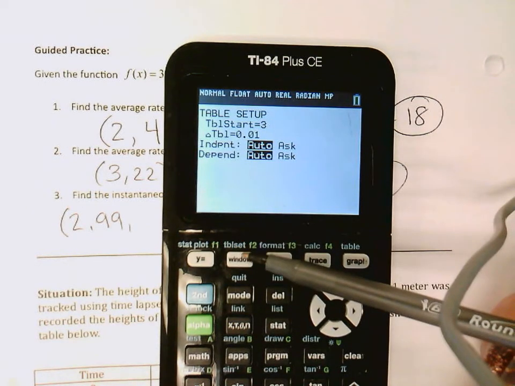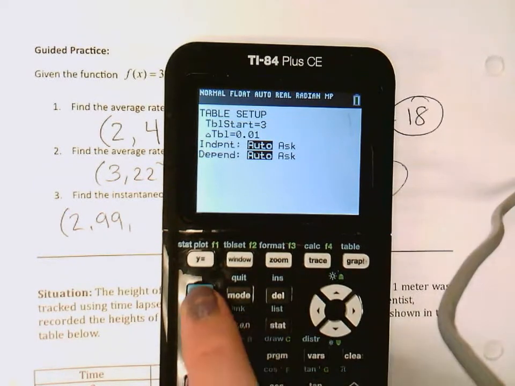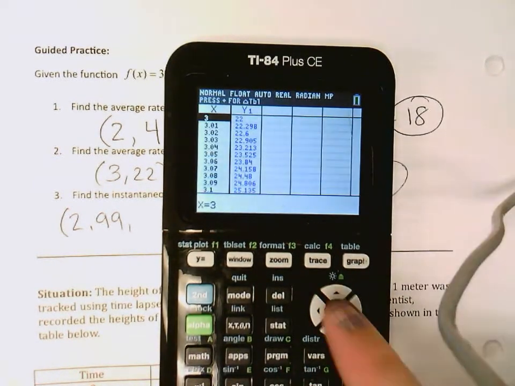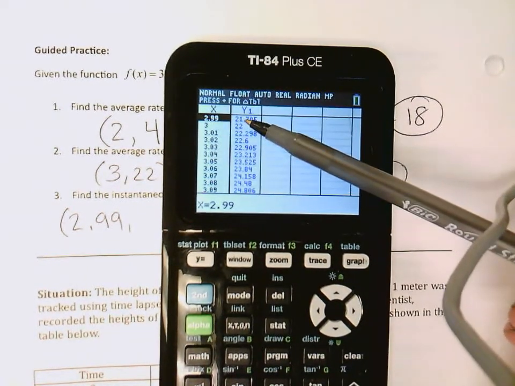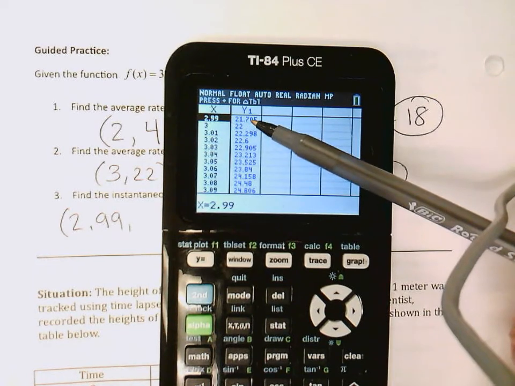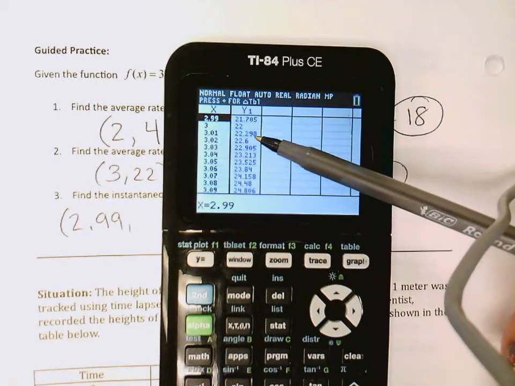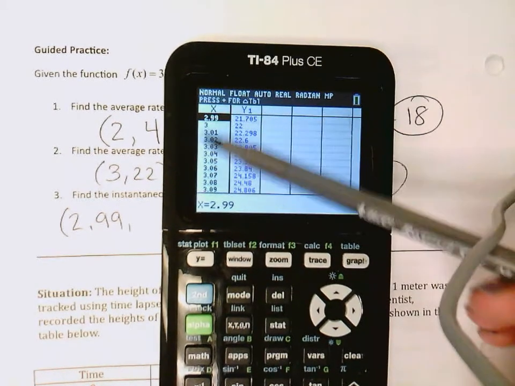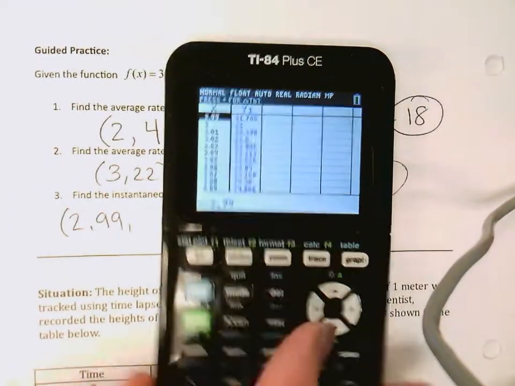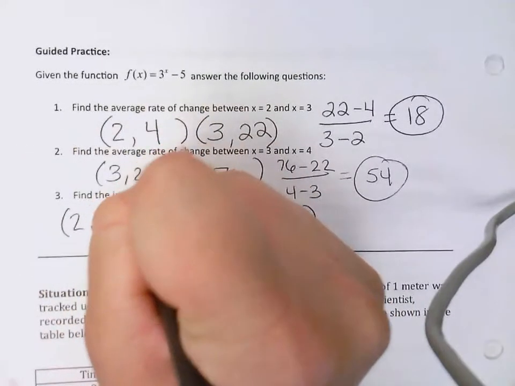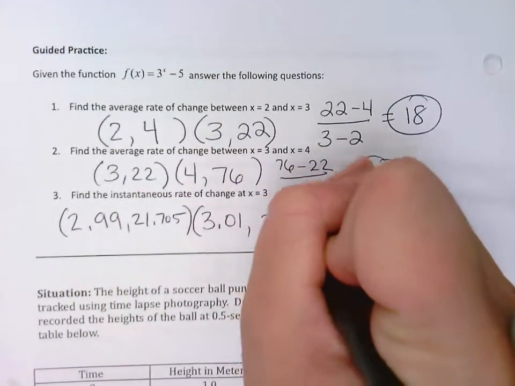It's above window. And then you could just go second table, which is over graph, and it'll give you the table. You could arrow up one row. And so see how you've got the coordinates that you want, 2.99, 21.705, and 3.01, 22.298. So it's easier than typing it all in, and then you've got the two points right in front of you. So the two points I want are 21.705 and 22.298.